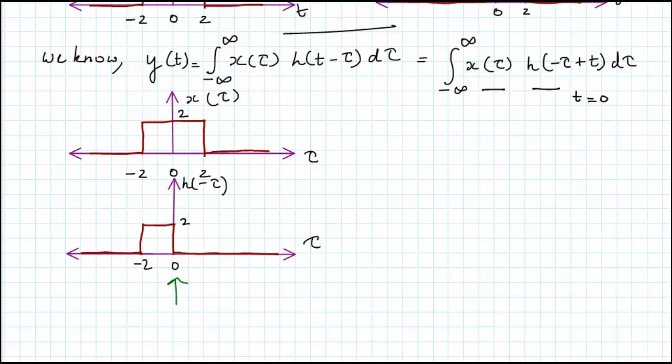Now if I am going to write t is equal to minus 1, that means whatever is the signal here, I have to move one step this side. Why am I moving to the left side? Because already we know that the time axis has been reversed, as you can see here. So if it is negative, we will move towards the left side. If it is positive values, we will move towards the right side.